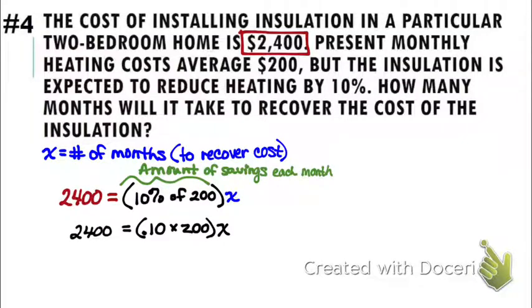What is 10% of 200? 20. 2,400 equals 20X. I can divide both sides by 20. And I get that X is what? Close. Not 14. Nope. 120. I was getting there.